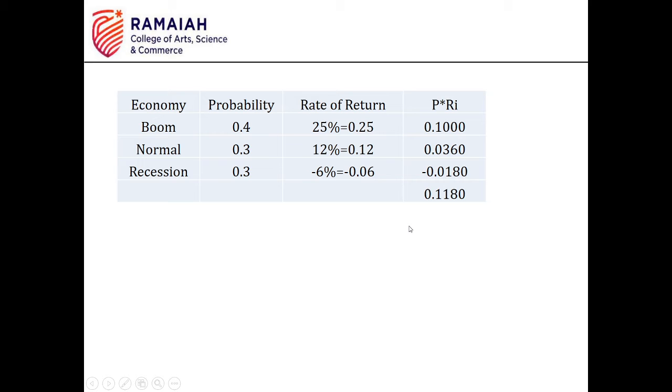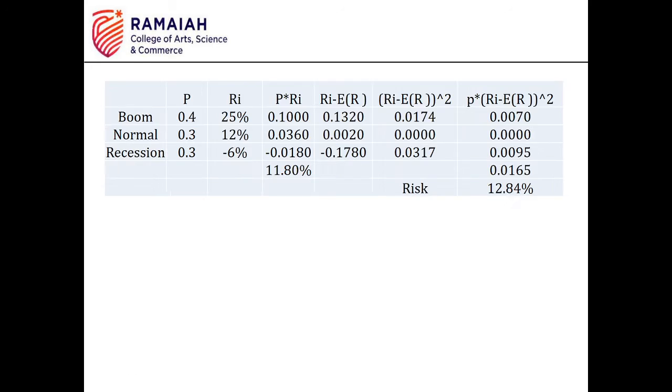I hope there are no complications here. Here you need to concentrate a little bit. Till here, that's fine, it's very simple: you just multiply the probability with returns. The next step is that you start deducting your expected return from your actual returns. This is your actual return, 0.25 minus 0.1180, which gives you 0.1320.